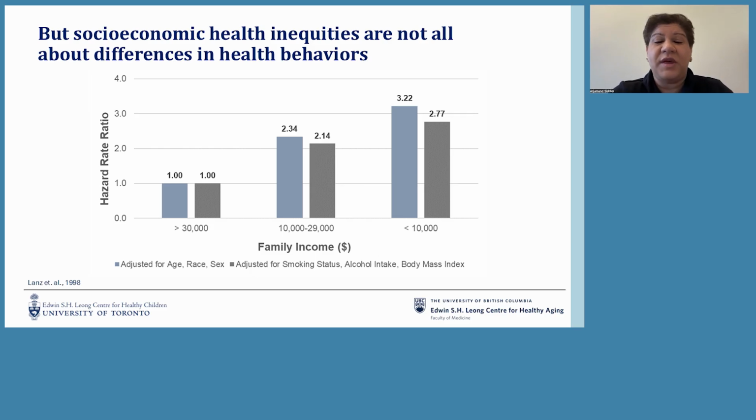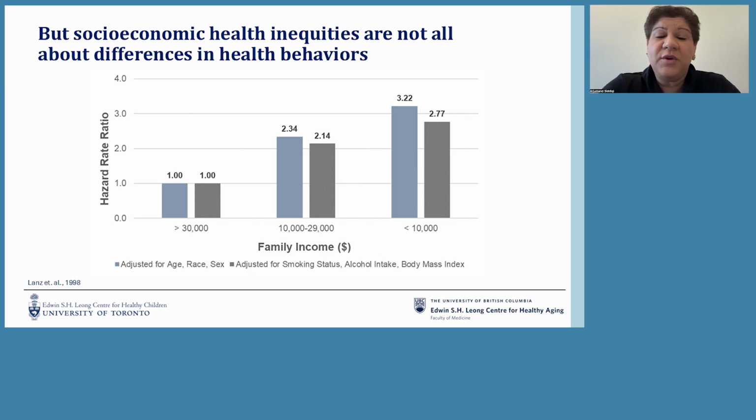But if we put that aside for a moment and focus on the fact that they also adjusted for smoking, alcohol intake, and body mass as a proxy for diet, what they found is that adjusting for those variables resulted in what you see in the gray bars.